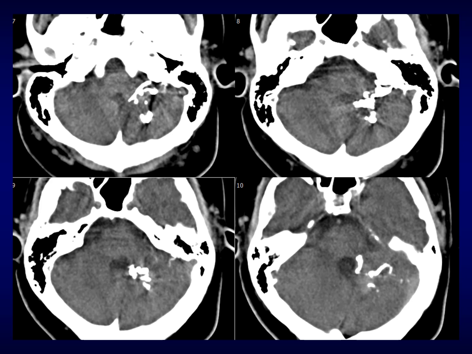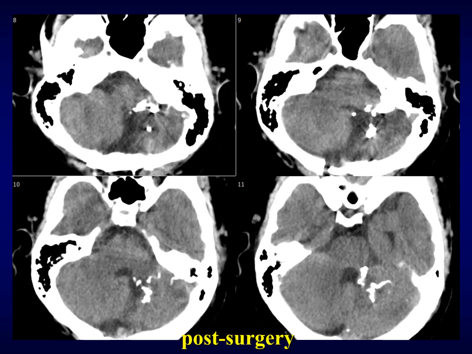The CT scan immediately after the embolization shows the location of the glue, which is on the anterior side of the cerebellum, and the CT scan after surgery shows how this is the right way to do it, because the surgeon comes from behind and he operates the posterior part of the AVM.